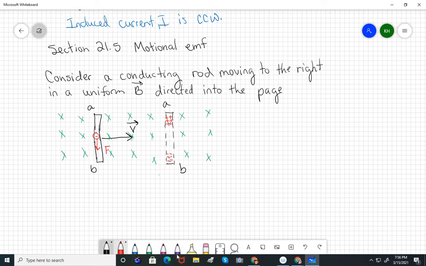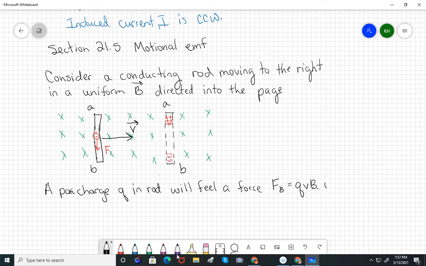A positive charge, Q, in the rod will feel a magnetic force that's equal to QvB, and that force would be upward.